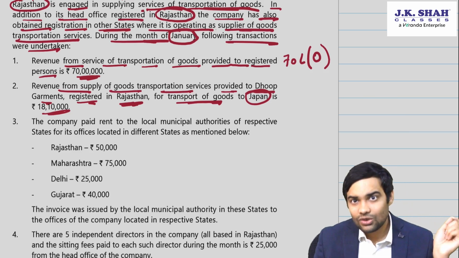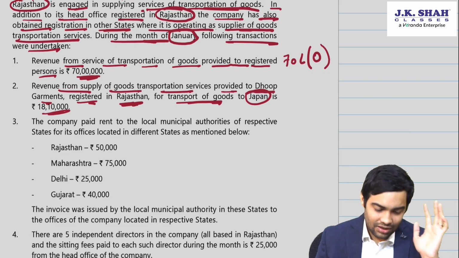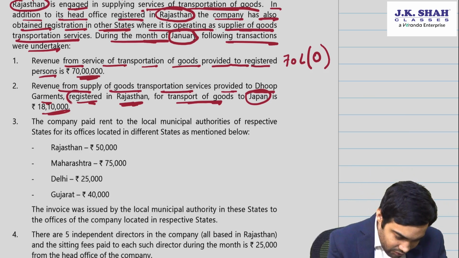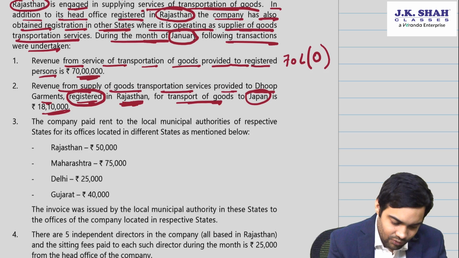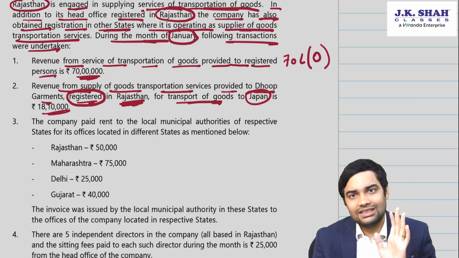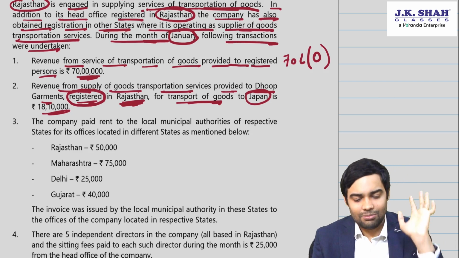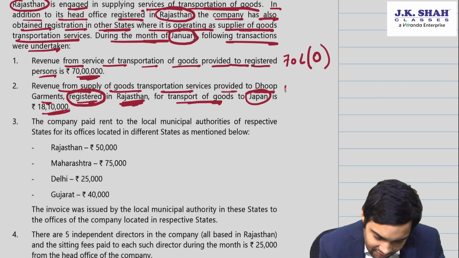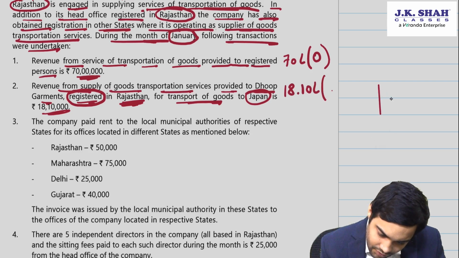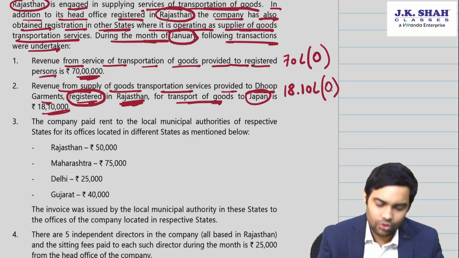But that proviso is no more there. So the place of supply, when you provide it to a registered person, would be the location of the registered person, and the registered person is in Rajasthan, so the place of supply will be Rajasthan. So this again will come in output. 18 lakh 10,000 will come in output calculation.